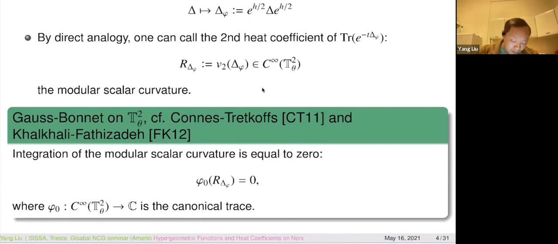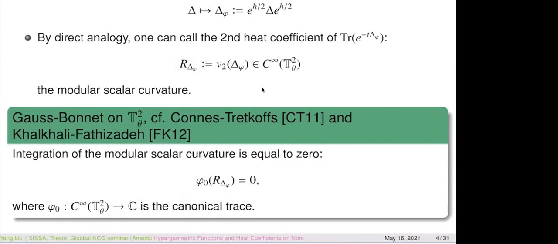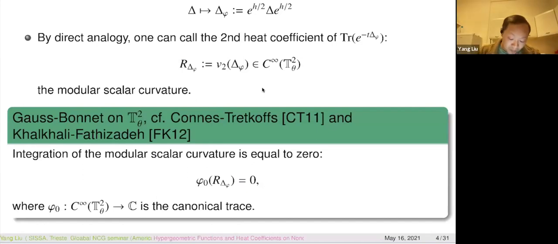So at the very beginning, what Connes and Tretkoff showed is that they can compute the integration of this scalar curvature, and then they can show that the result is zero. So that's the first version of the Gauss-Bonnet theorem.